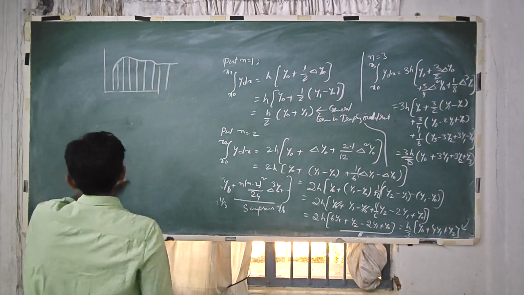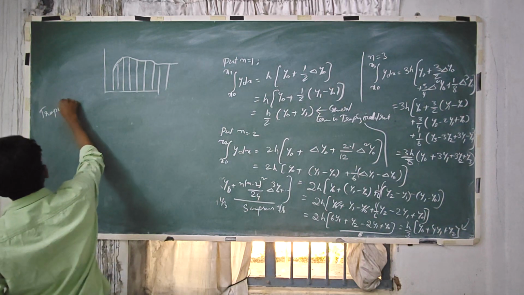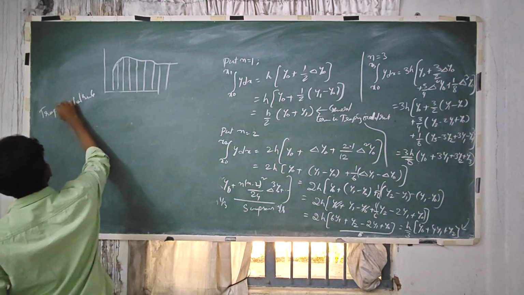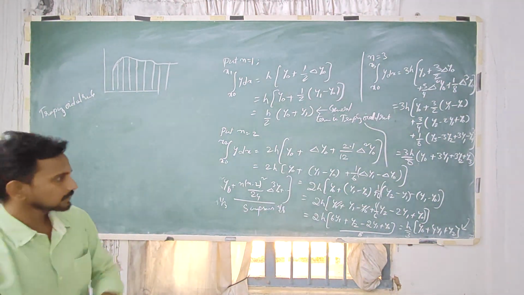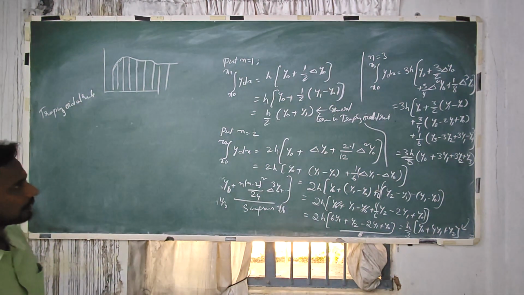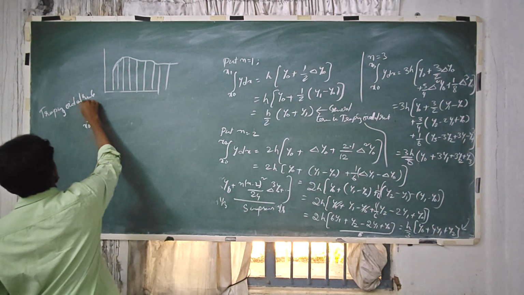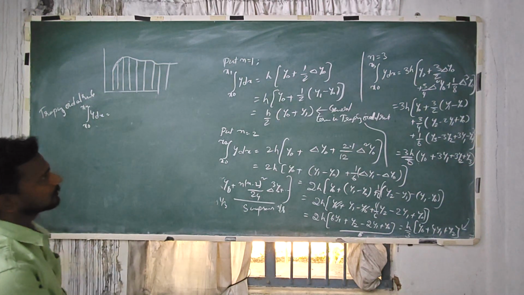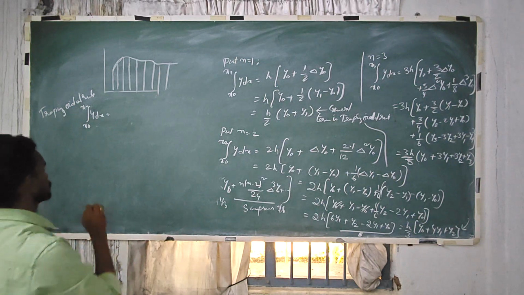From the general term, if we add all these terms from x0 to xn, the general term for the trapezoidal rule is h by 2 times y0 plus y1.